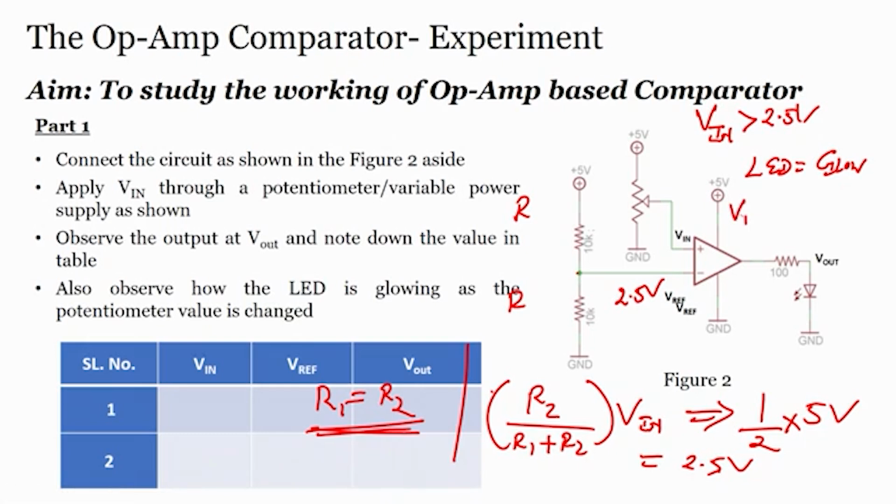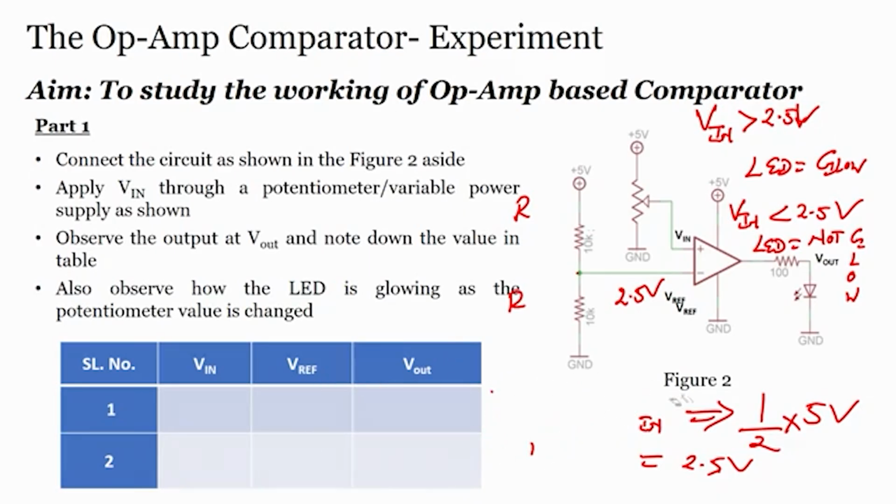And if my V in is less than 2.5 volts, then my LED will not glow, correct. So, what is written here? Let us see. So, let me just clear the screen.